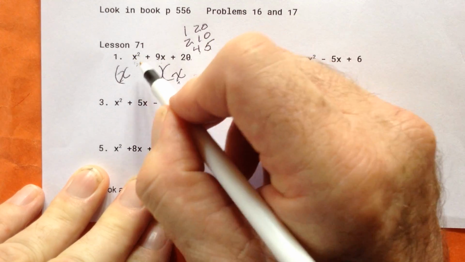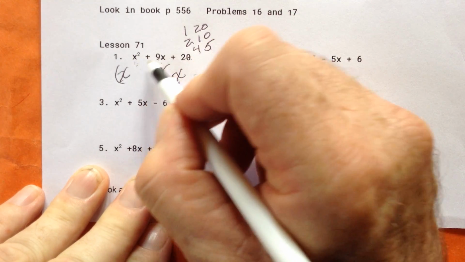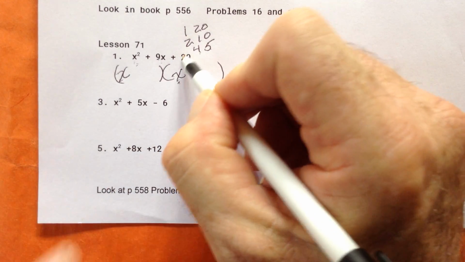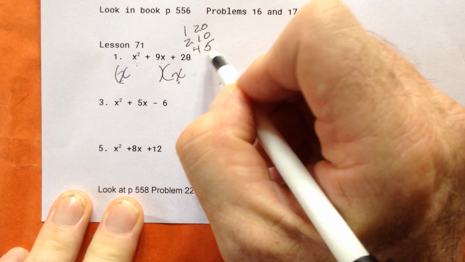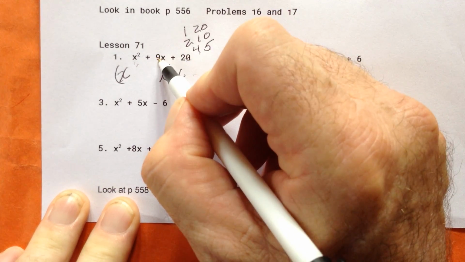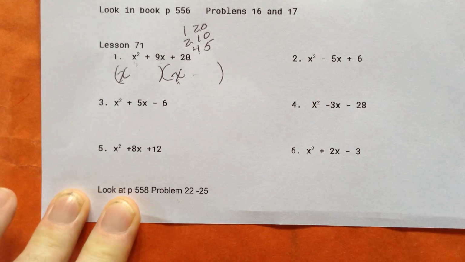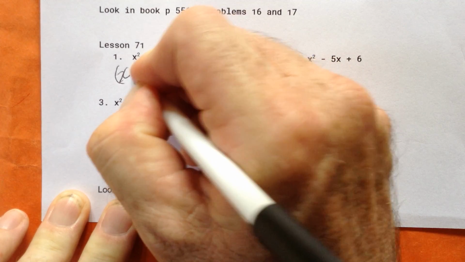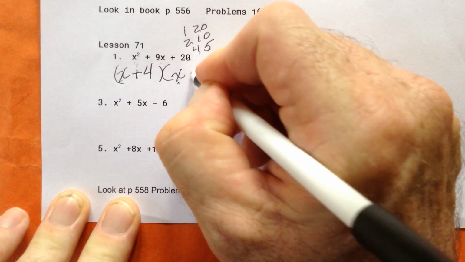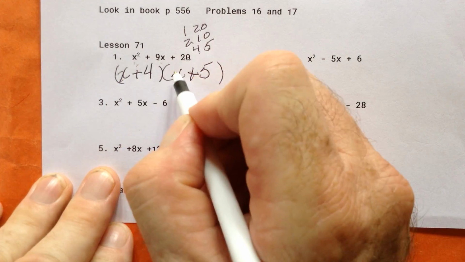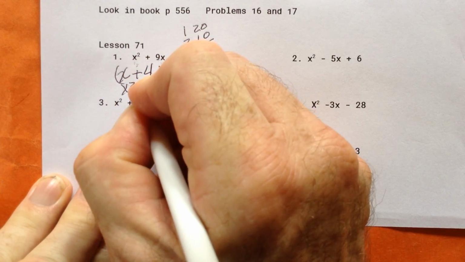Remember the introduction, the quadratic is a, b, and c. So the factors of c have to add up to the b. They should be the sum of. So here, I know then one of these numbers is going to be 4, and the other one is going to be 5. Because if we do this, x times x, that's x squared.